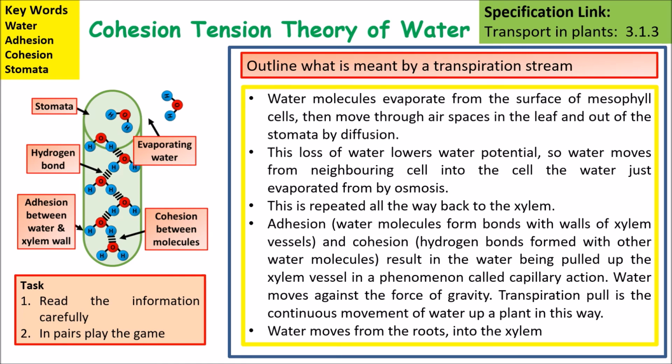This is repeated all the way back to the xylem. Adhesion and cohesion result in the water being pulled up the xylem vessel in a phenomenon called capillary action. Water moves against the force of gravity, so transpiration pull is the continuous movement of water up the plant, from the roots up the xylem.